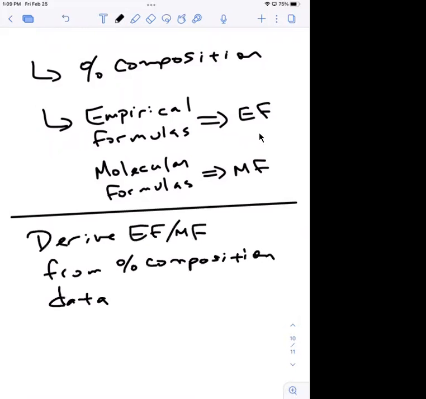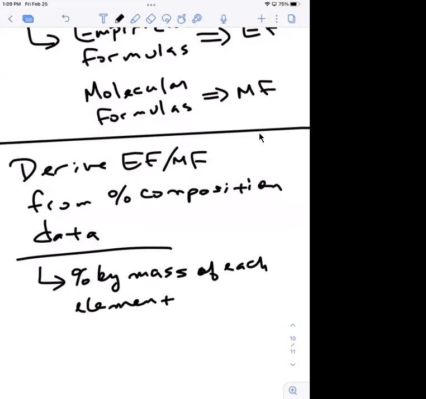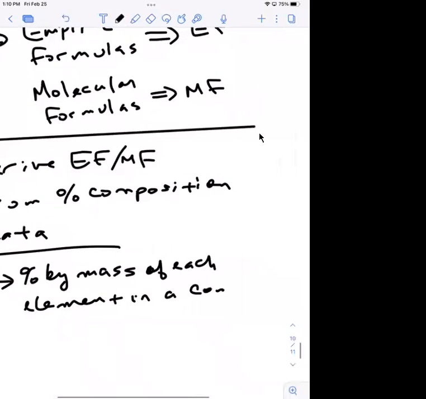And normally the percent composition is simply the percent by mass of each element in a compound. All right, so we can find that out.